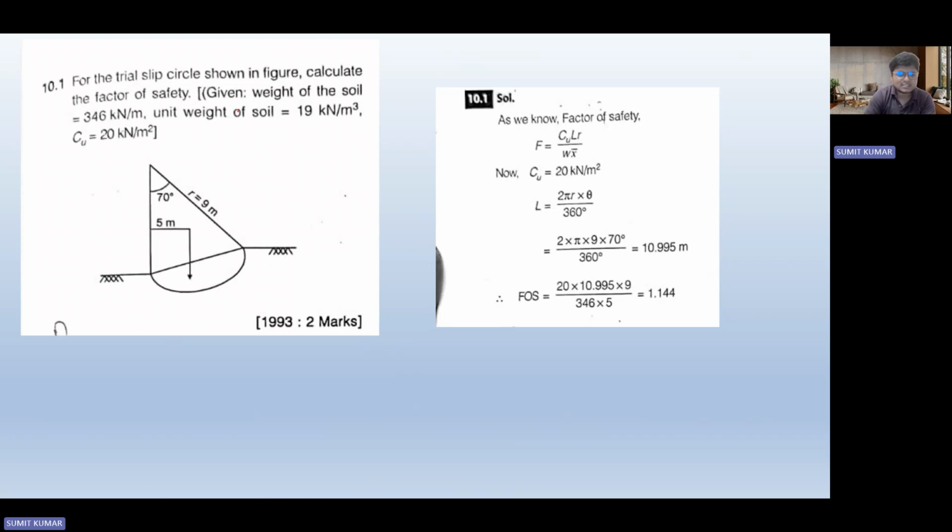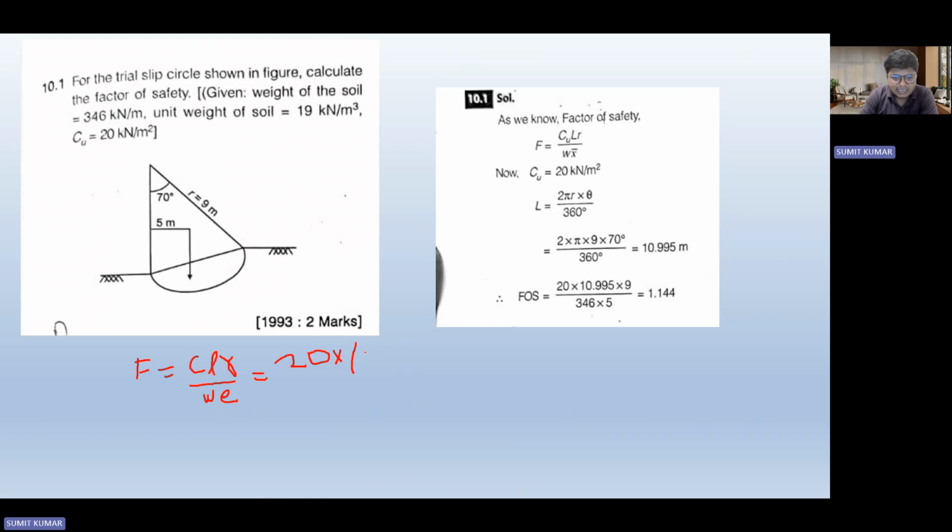So let me solve this separately. F equal to C into L into R by W into e. If you remember, this is there in the very first or second slide only. So everything is mentioned over here. Cohesion is given as 20, and L is R theta.